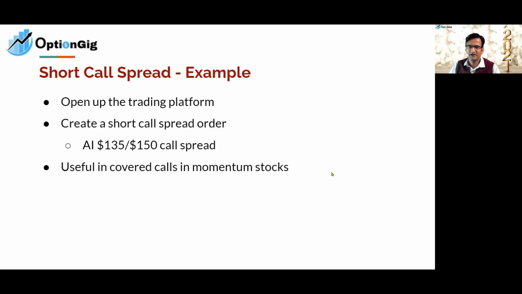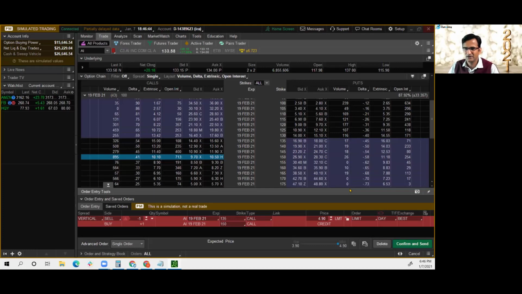I found this really useful when you're doing covered calls. We talked about covered calls as a newbie option strategy in which we can generate consistent income by selling calls against the shares that we hold in our portfolio. Let's say I have AI in my portfolio, and I want to do a covered call.